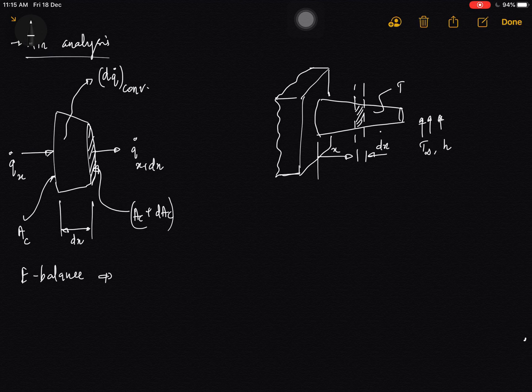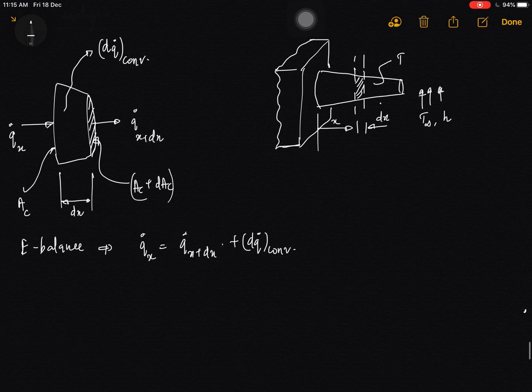Okay, so to analyze this, let's write the energy balance. The energy balance is nothing but all the energy that is entering will be equal to all the energy that is leaving: q_x equals q_(x+dx) plus dq convection. So these are the energies entering and leaving.